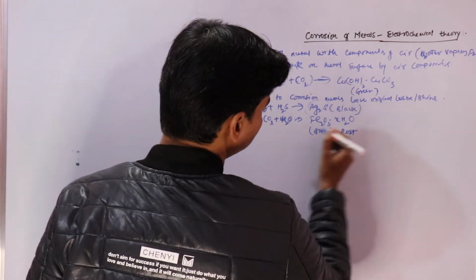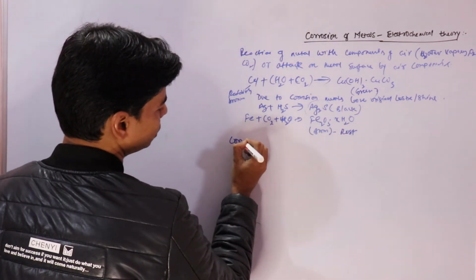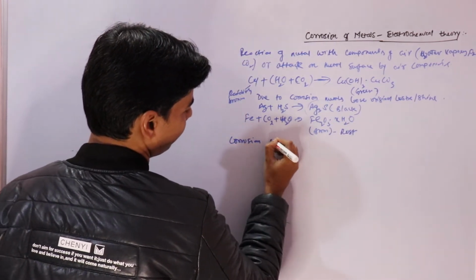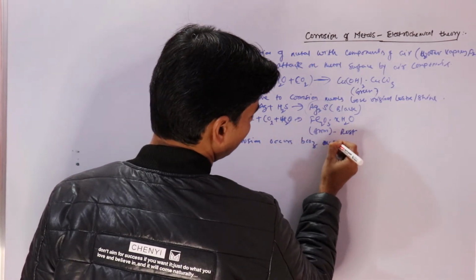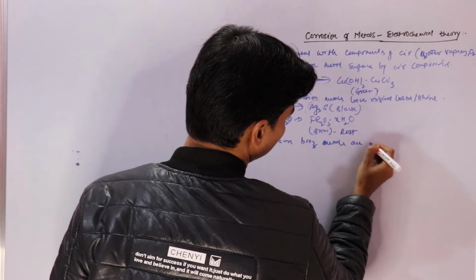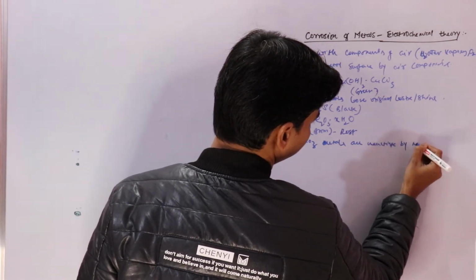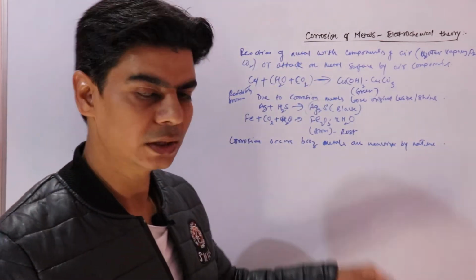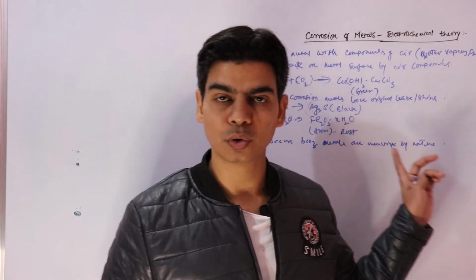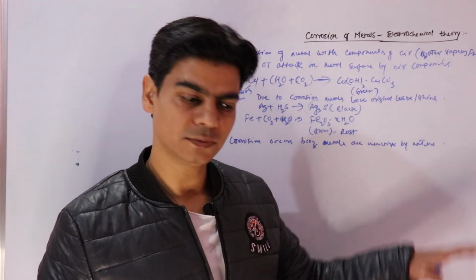So why does corrosion take place? Corrosion occurs because metals are reactive by nature, right? So that means if the reactivity of metals goes down, the corrosion will inhibit, or corrosion of metals will come down.